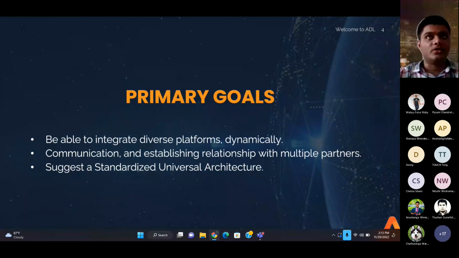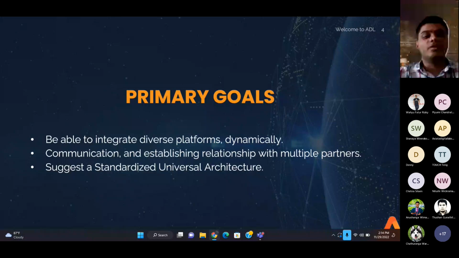Similarly, we would need to establish multiple partners, and through better communication, we should be able to understand the existing systems and pave a way for them to integrate successfully into the current super platform.